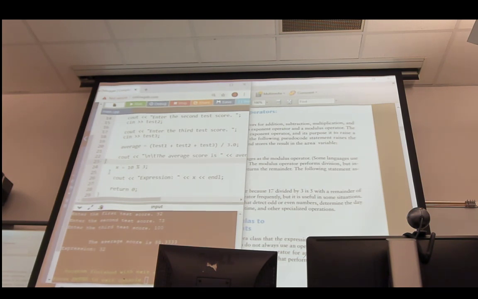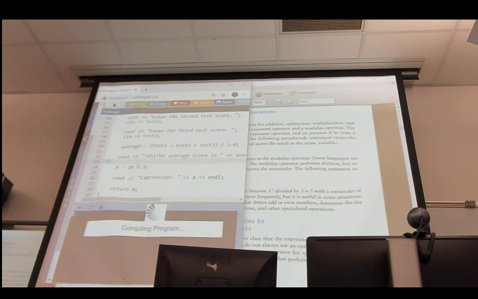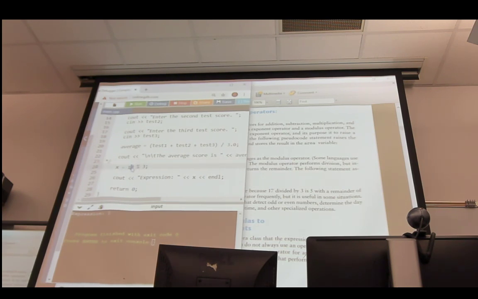Hold on. Asterisk slash. All right, so now when I run it, that's all I'm going to get. See? What's the answer? 10 modulus 3 is 1. Do you need to include the math.h with that as well? No. That's like adding and subtraction. It's just a symbol.